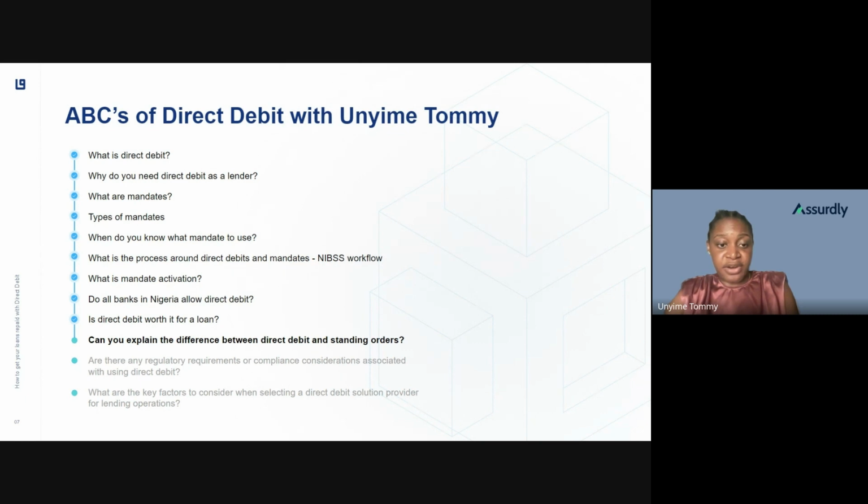In this scenario, as a lender, you are the one setting up the schedule for getting your money back, so you are the one setting up the amount. In a standing order, it is the customer, and the customer in this instance can decide at whichever time to call up that standing order, or even not stick to the modalities of the agreement to set up that standing order. So that's basically the major difference between both.